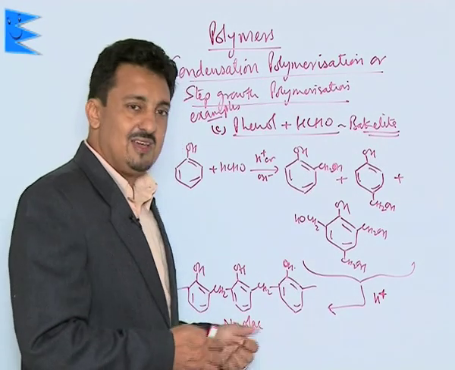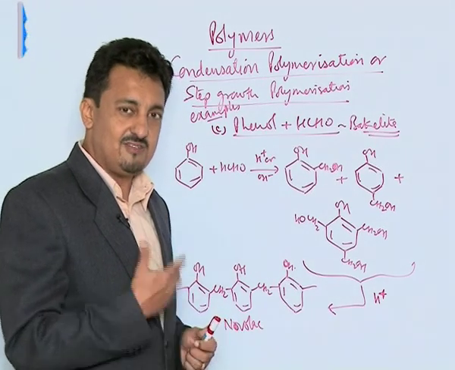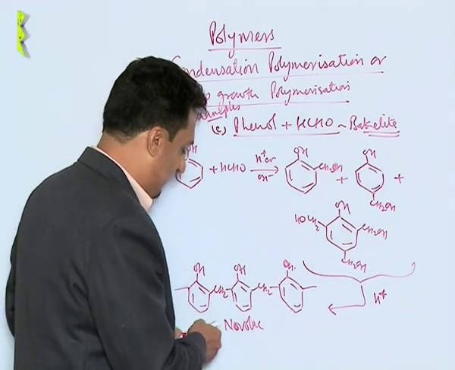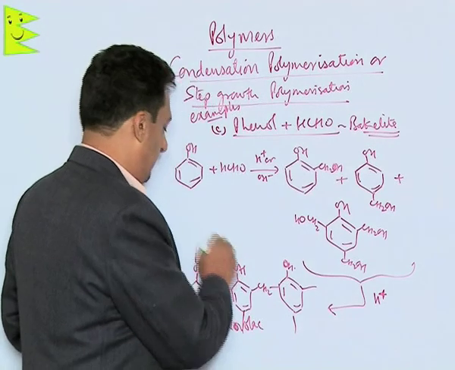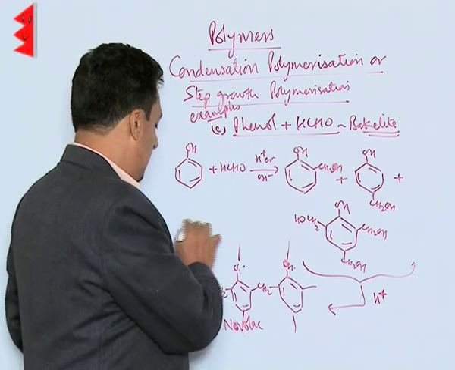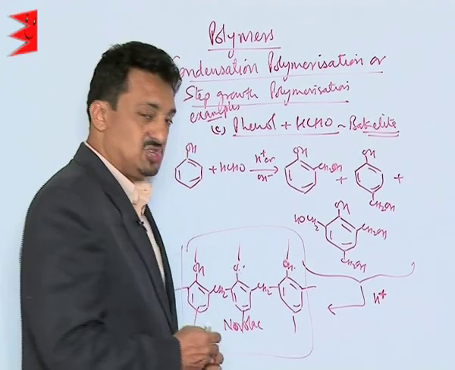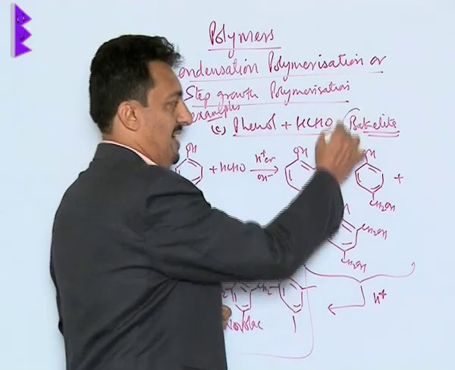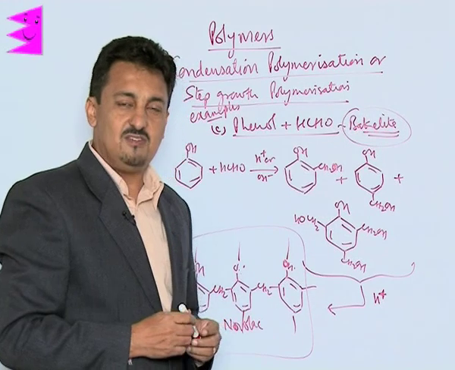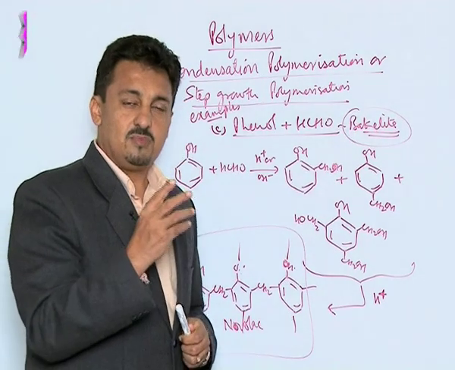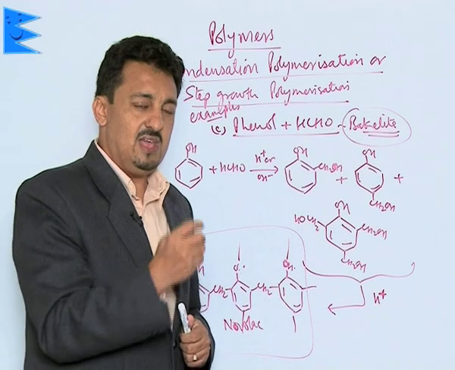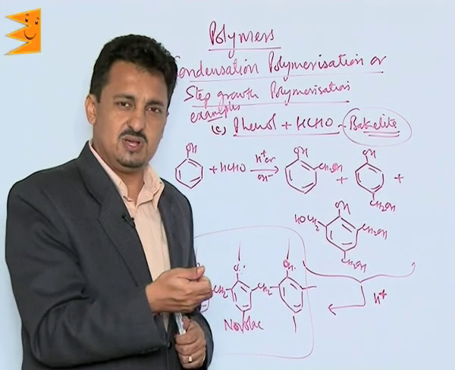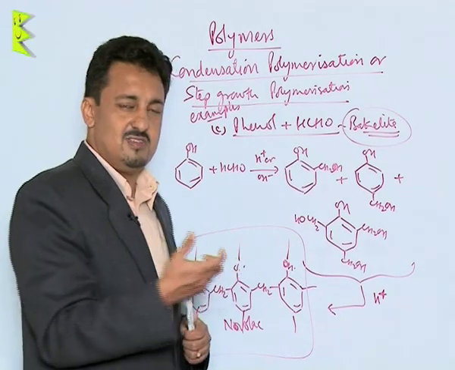When this Novolac is chemically treated, a lot of cross linkages develop between these chains, from here and from here like this. So a complete cross-linked network structure is formed, which is called Bakelite. This Bakelite is used in making electrical switches and the handles of various utensils like pressure cookers and others, because it is very resistant to heat.